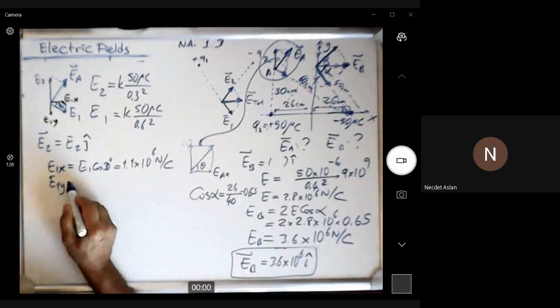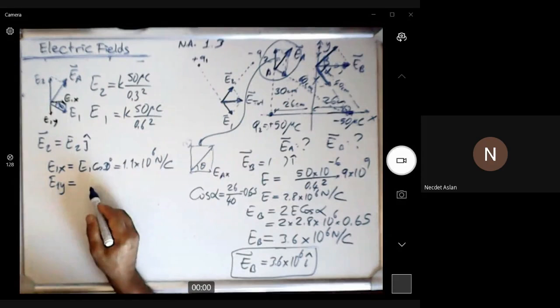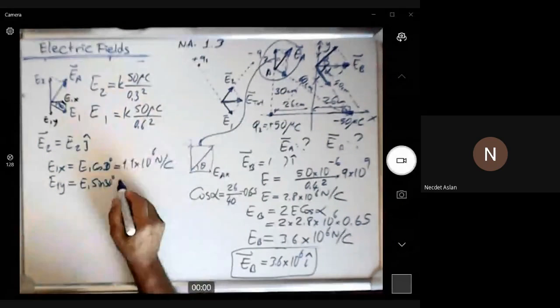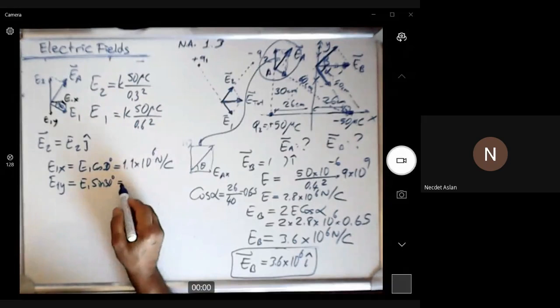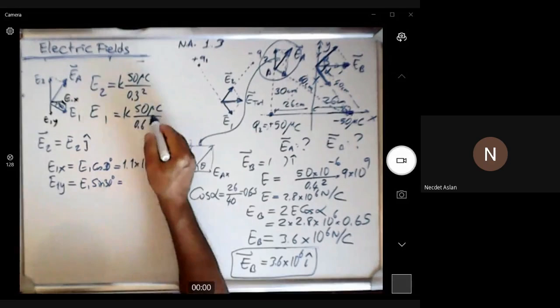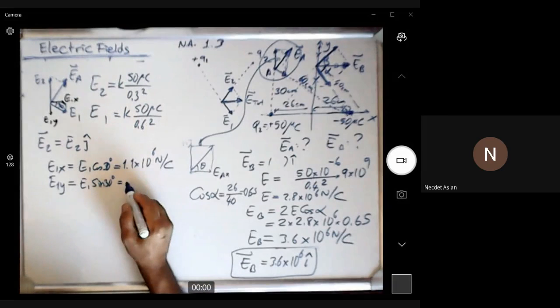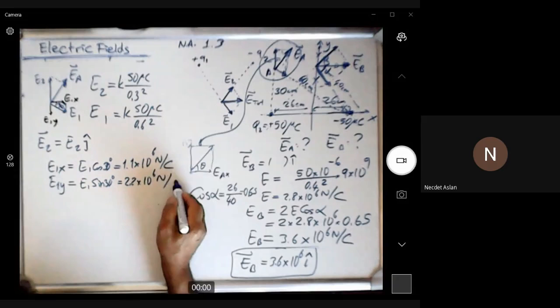E1y is equal to E1 times sine 30 degrees. In other words, half of this, because sine 30 is 1/2. So you can just take half of this value, which is 2.2 times 10 to the 6 Newton per Coulomb.